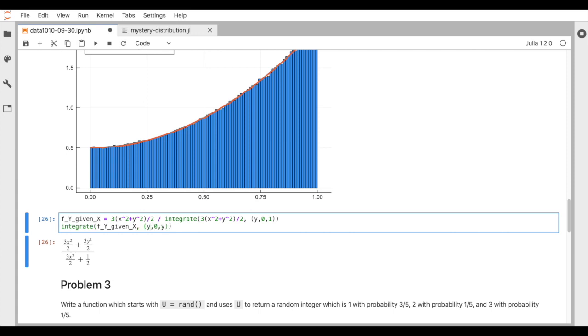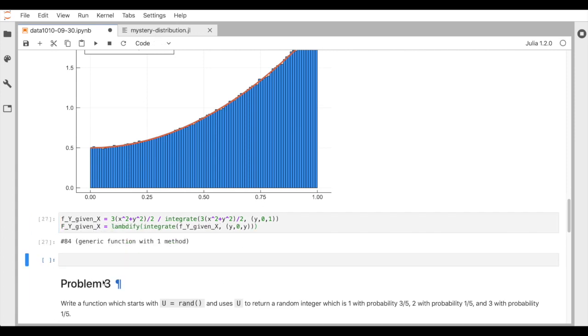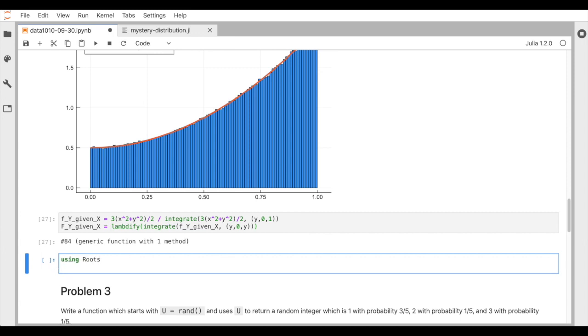So now we need to come up with the integral of this function along each vertical line. So the integral starts from 0 because that's the bottom edge of the square, and it goes up to some arbitrary position y. So we turn that into a function, and we can call it capital F sub y given x. And this formula is a bit difficult to work with in SymPy, so instead we'll calculate it numerically using the Roots package.